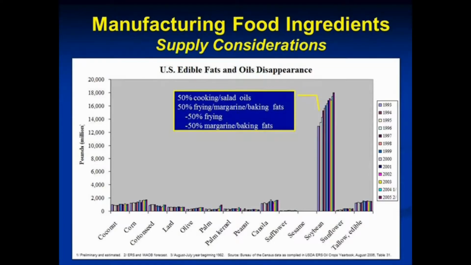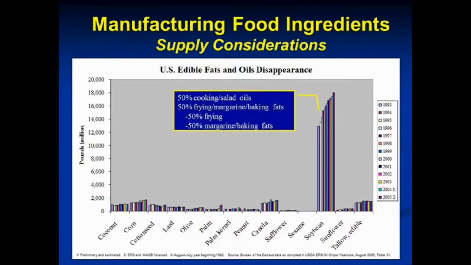So I think one of the things to start with is to talk about what fats and oils are available. As Alejandro mentioned and gave some of these same sorts of data, we're going to be using the fats that are available. This is the disappearance data of U.S. edible fats and oils, and it's very clear that soybean oil is the king.